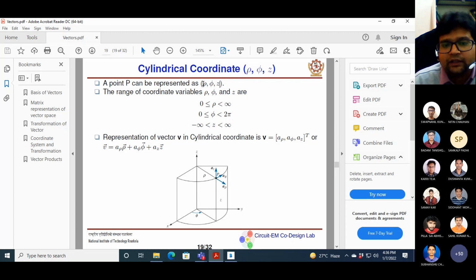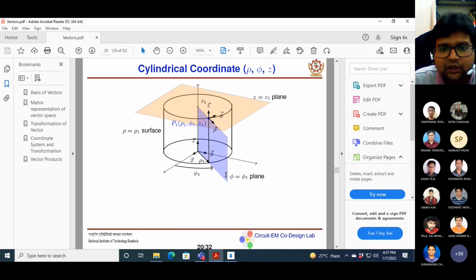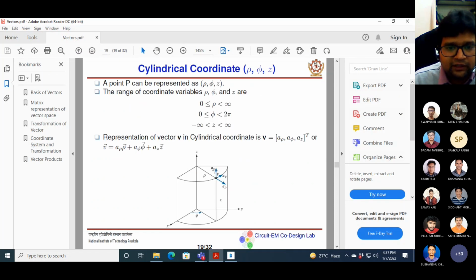Please note that these are coordinate variables, not coordinate vectors. And the direction vectors are a_rho, a_phi and a_z. Instead of writing a phi, I should write phi direction, so I will rewrite it here. I think it was directly taken from the book, so they used this notation.